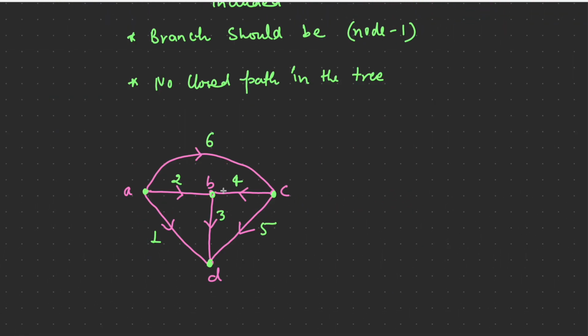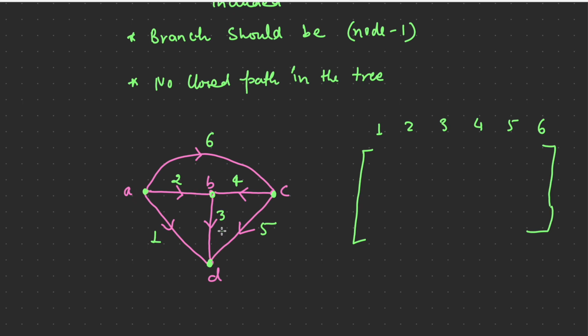Now we have taken this graph and we are going to write the incidence matrix. So as per rule, we'll be writing the matrix between the branches and the nodes. So here we'll have columns as branches. Total 6 branches are there: 1, 2, 3, 4, 5, and 6.